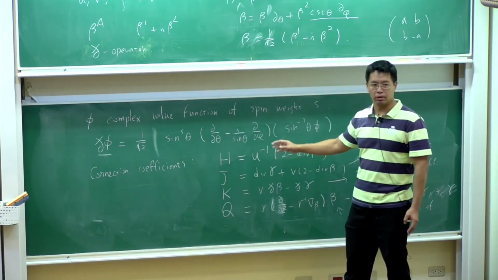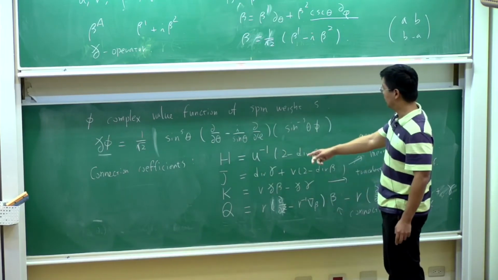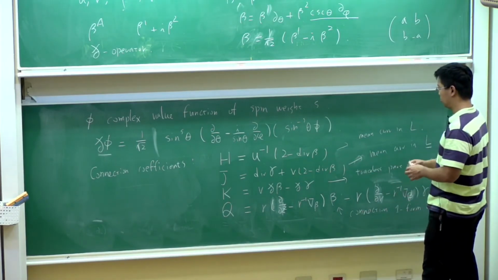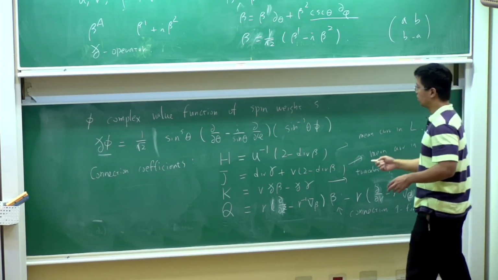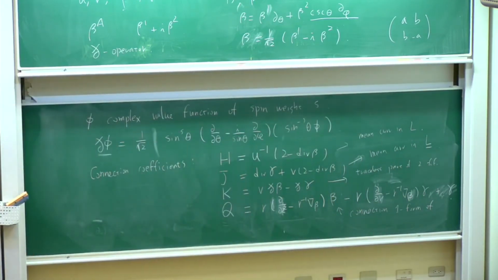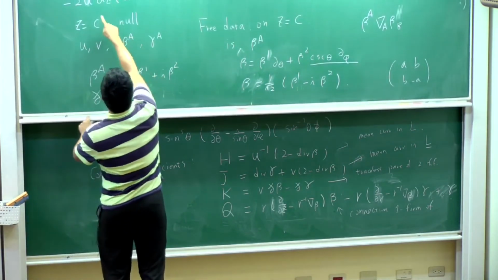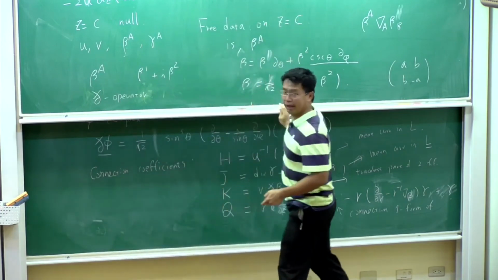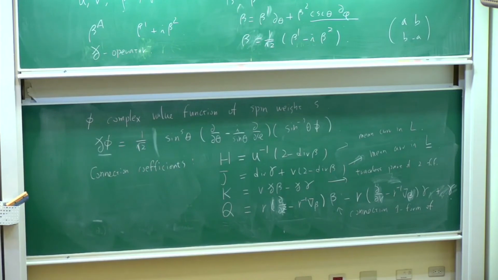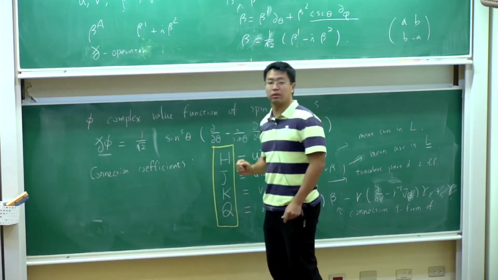For example, if you know H and beta, then you can figure out U. So for the formalism, instead of U, V, and gamma_A, one would look for these coefficients first.